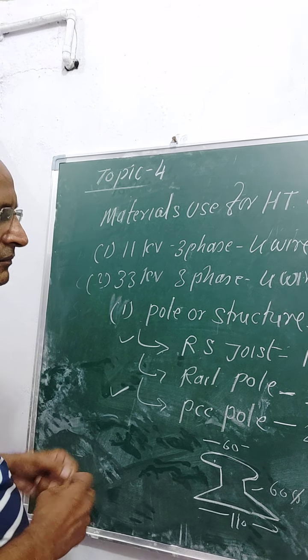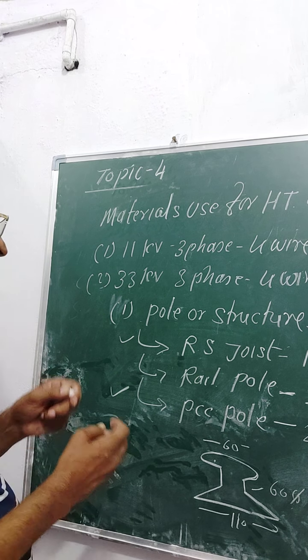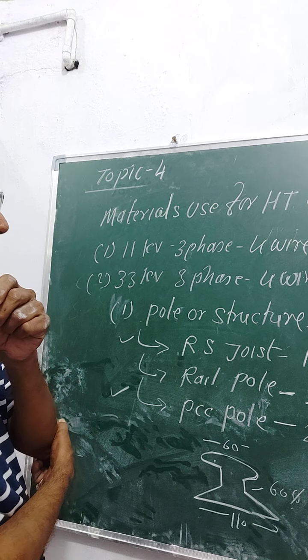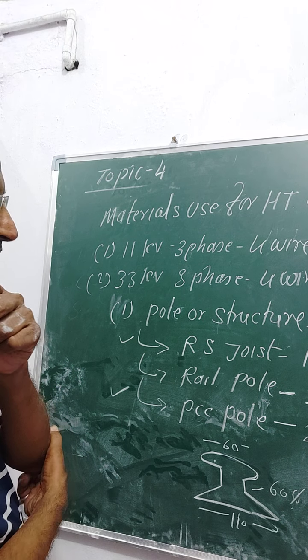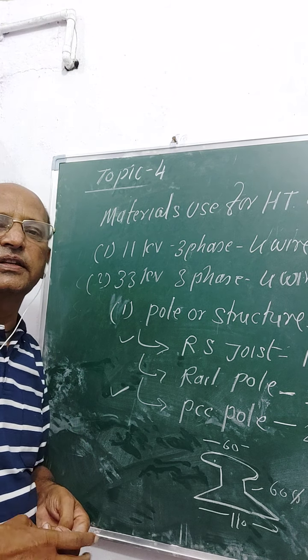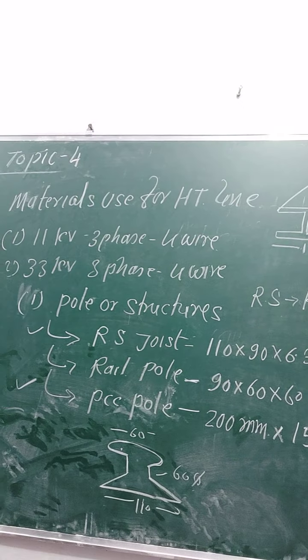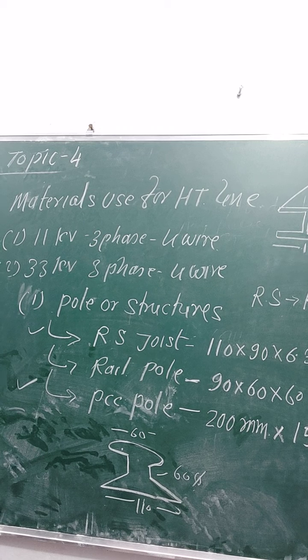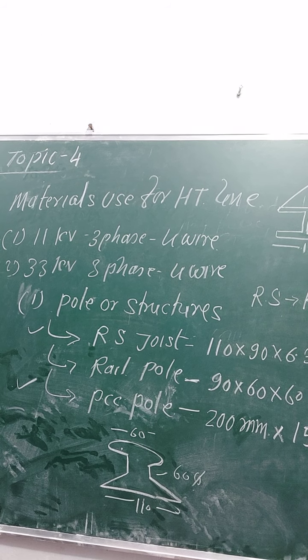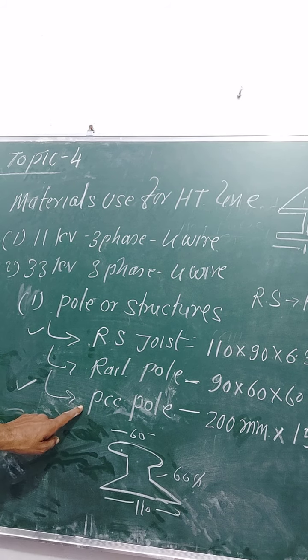And PCC pole is simple. From top it is 150 mm and bottom it is 200 mm. They are known as pre-stressed cement concrete pole. Now this is the first item, that is the pole. So normally when we prepare an estimate, we use either RS joist or PCC pole.